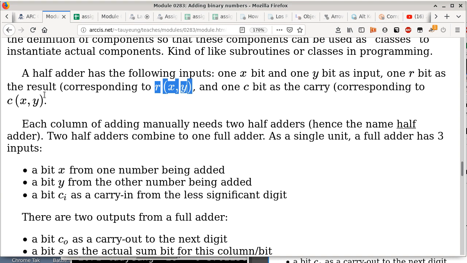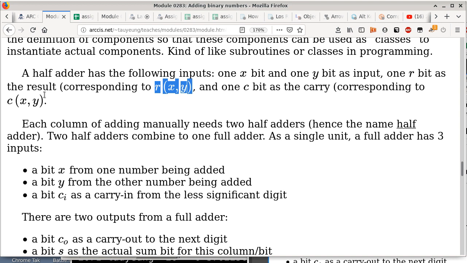So you make a component in Logisim that has two input pins and two output pins. One of the output pins is labeled R because it is the result of the addition, and the other one is labeled C because it's the carry of the addition. That's the half adder. Is that okay? Do we know how to make that component, based on what we have talked about?